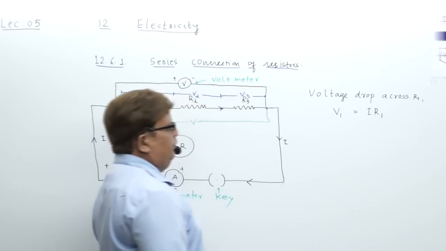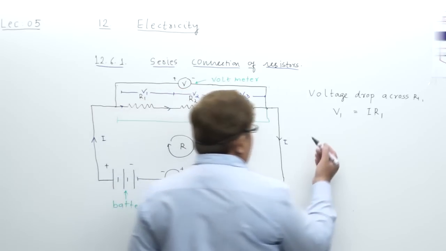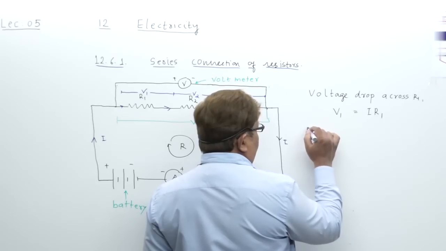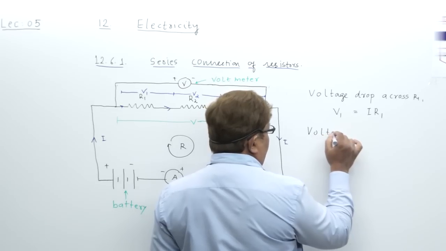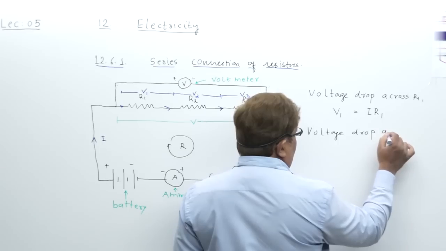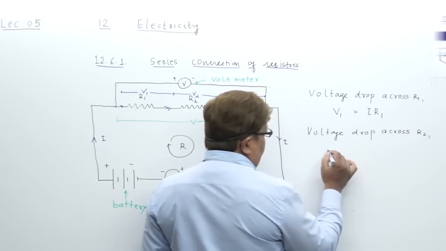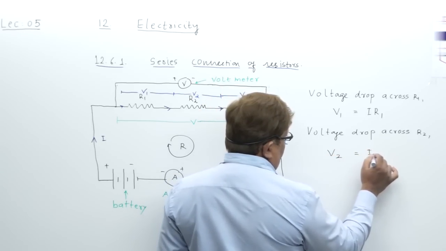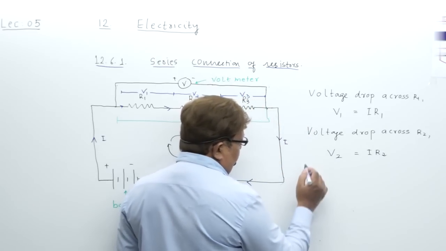Okay, student. Then let us move to resistor number 2. I can write potential difference also, but voltage drop is a better word, voltage drop across R2. What should I write? Can you tell me? V2 equal to IR2.